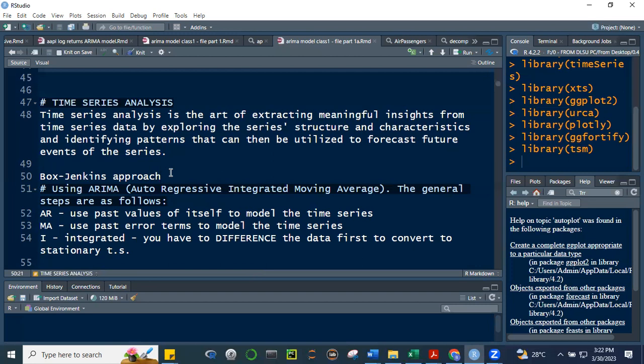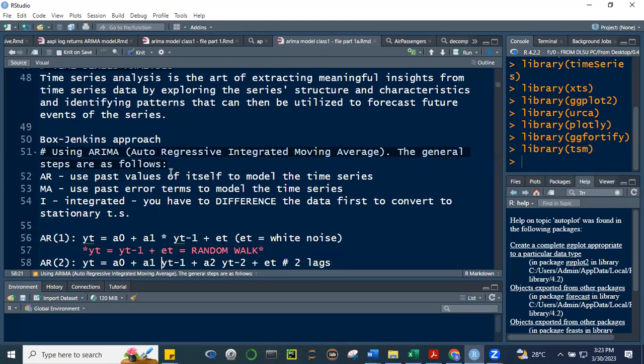With the Box-Jenkins approach, Box and Jenkins developed what we call the ARIMA process, which means autoregressive integrated moving average. The AR component means that we're using the past values of the series itself. The MA takes into consideration the past error terms to model the time series.